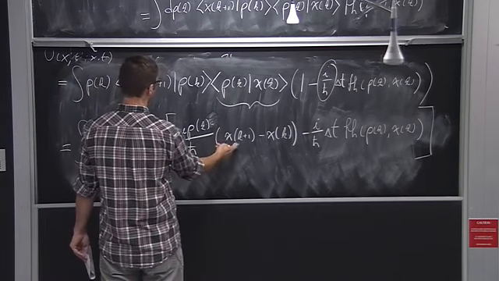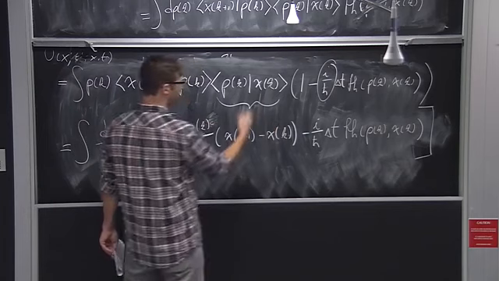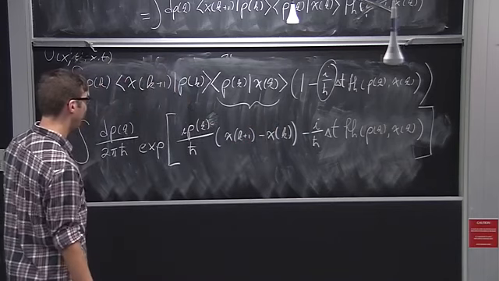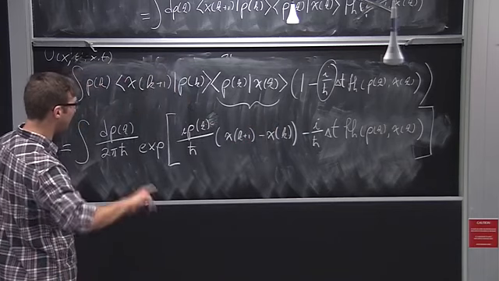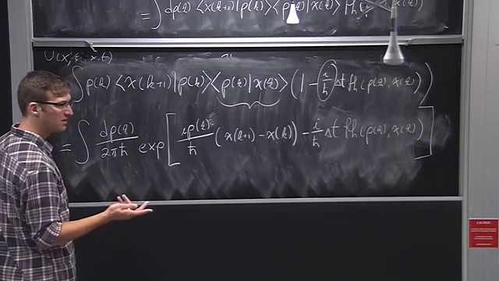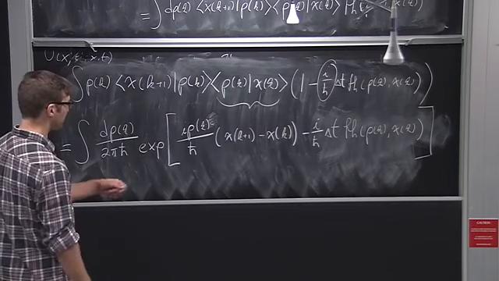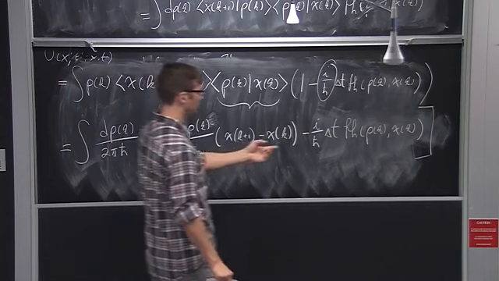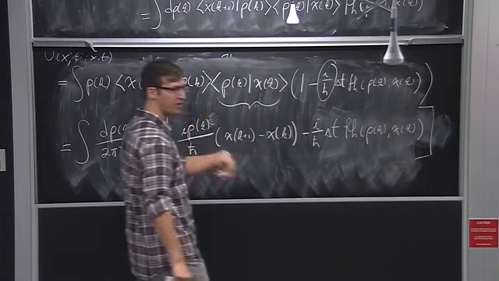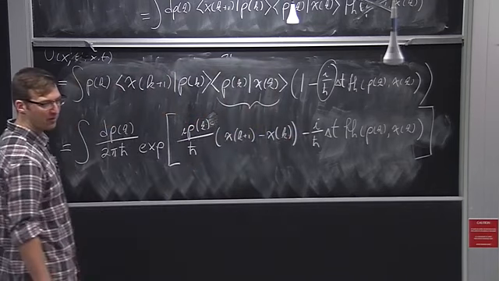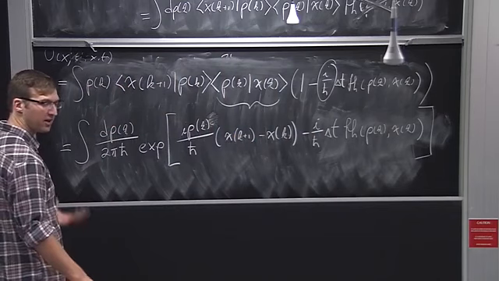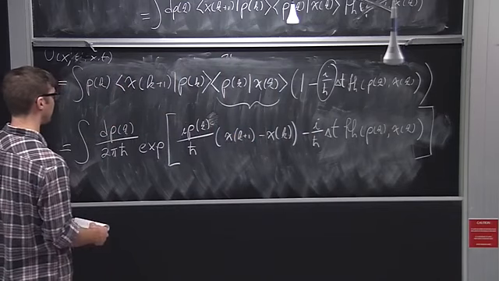One gives me an x at k plus 1, one gives me an x at k. So I have a delta x in some sense. I have a difference in space, and I also have a difference in time. So this is the same structure that came out of the transition field Ising model decomposition into d plus 1.